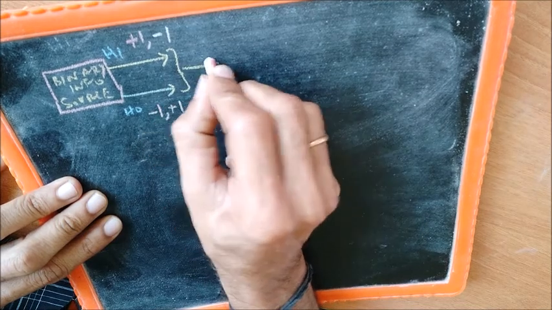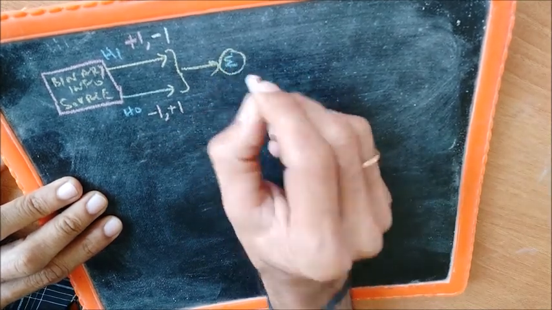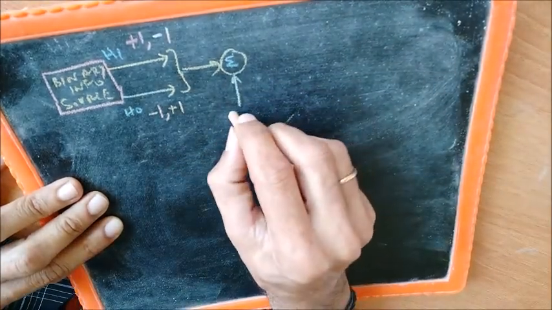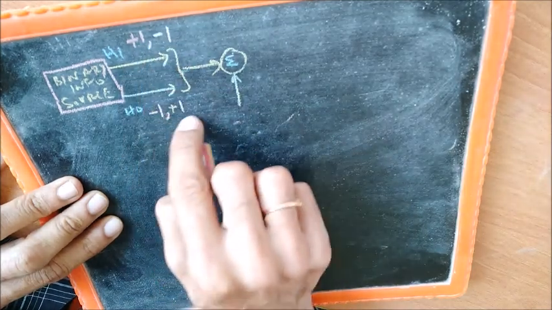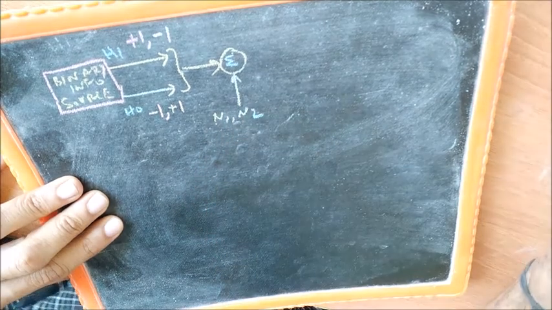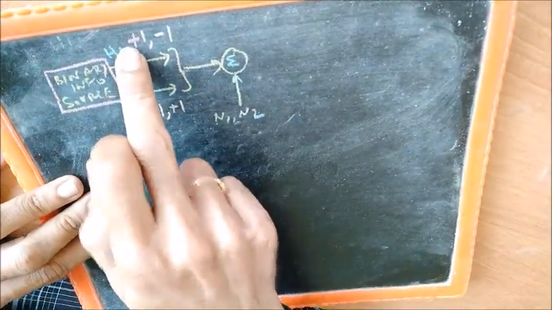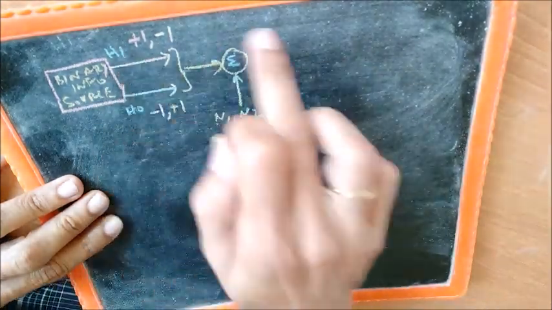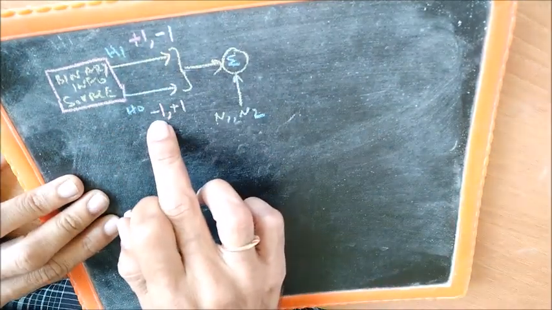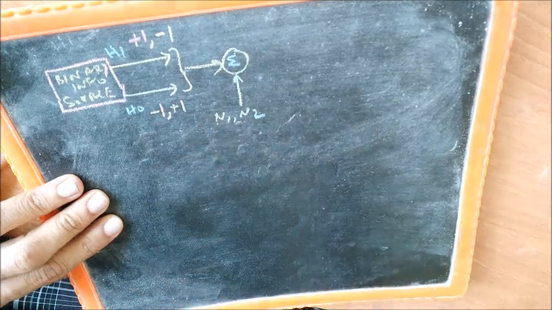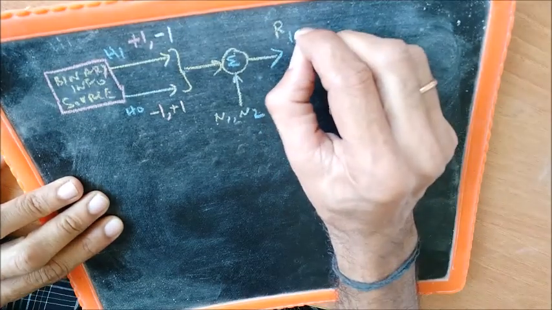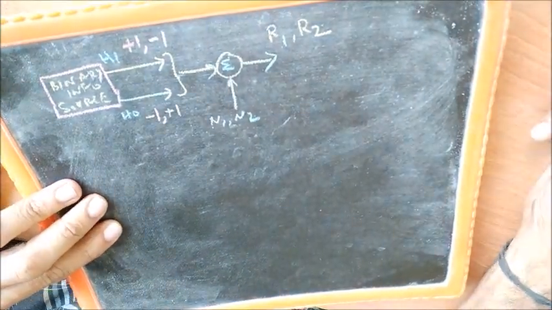In the course of its propagation, noise gets added, and since there are two symbols transmitted per hypothesis, two samples of noise are required. N1 gets added with the first one, N2 gets added with the second one. So if H1 was the hypothesis, N1 gets added with plus 1, N2 gets added with minus 1. Similarly here, minus 1 and N1 is added, plus 1 and N2 is added. This results in the reception of two random variables R1, R2.